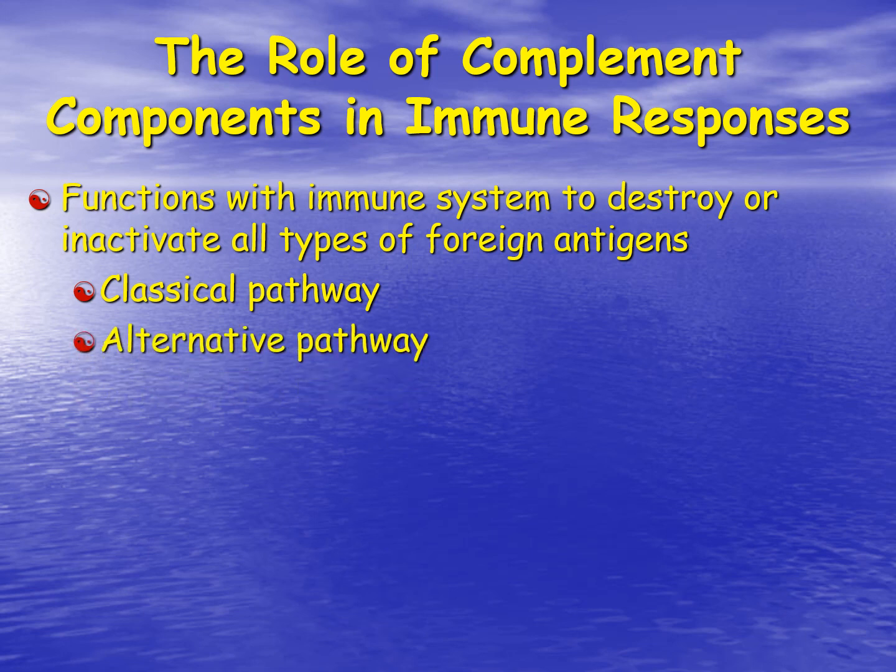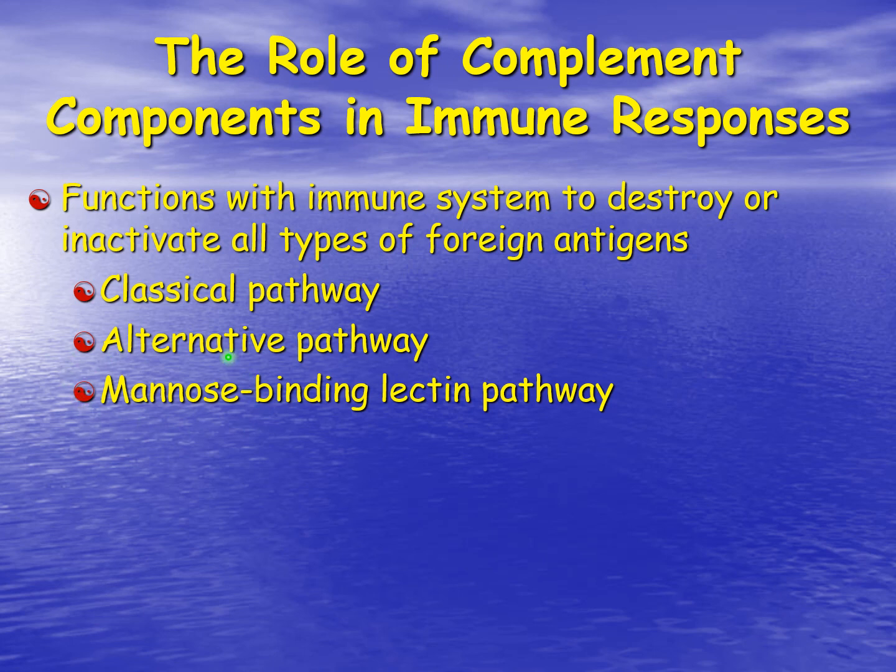The alternative pathway is due to a small protein called lectin that binds to some small proteins found in the plasma that will activate the complement cascade, or the mannose binding lectin pathway. And this is simply another pathway. In this case, it actually has to have mannose, which oftentimes is a component of especially gram-positive cell walls.